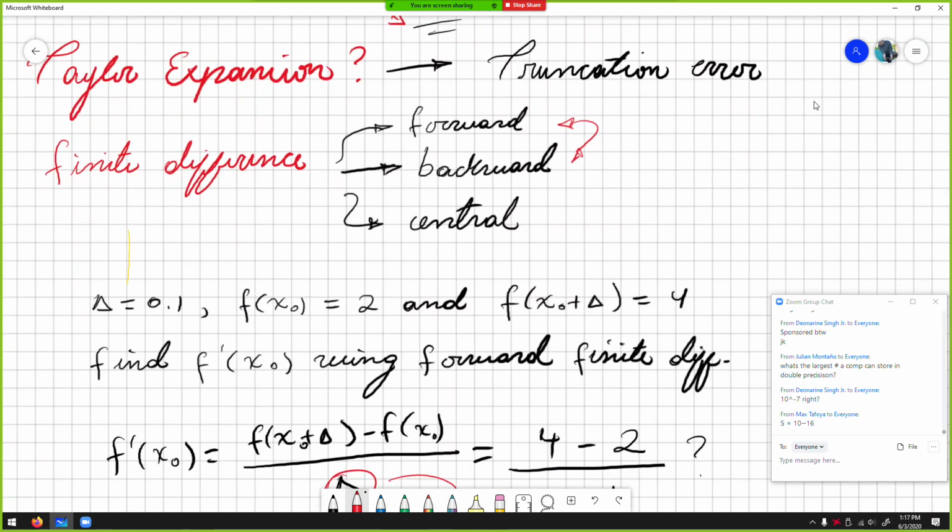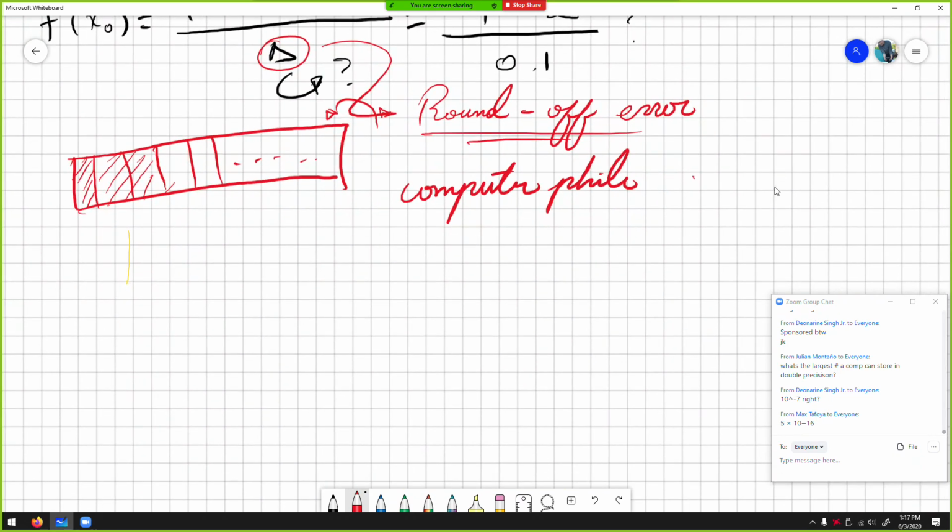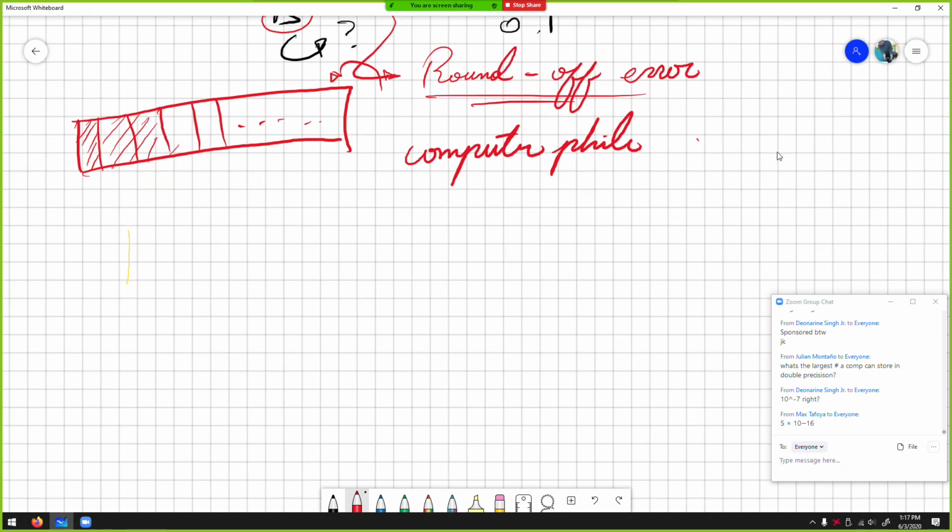The thing is, it's confusing when it comes to those things like 10 to the negative 8, 10 to the negative 7, 10 to the negative 17, or 10 to the negative 16. Those are machine epsilon. It's not the largest number you can store in a computer, it's the smallest number. It's the smallest number that you can add or subtract from one and still be able to tell a difference.